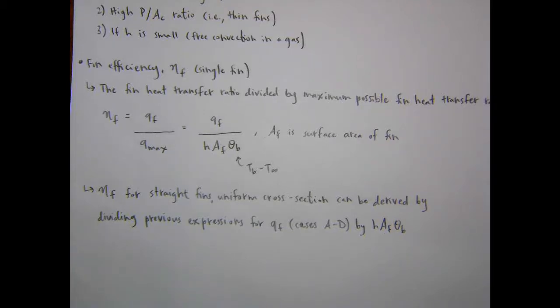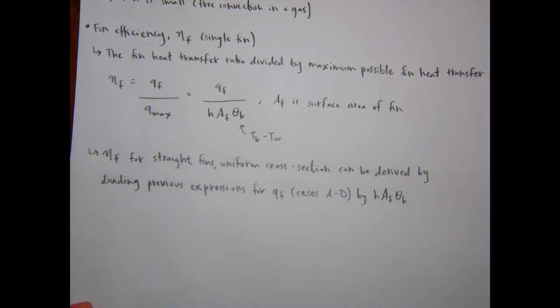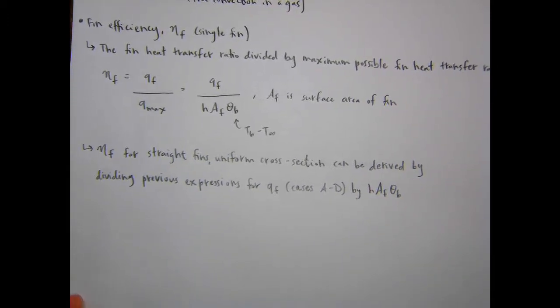Questions on that? So with those, we were using A sub C, which is the area of the cross-section. That's the area of the cross-section of the fin, yes? So for effectiveness, you mean? Back with the A through D equations.